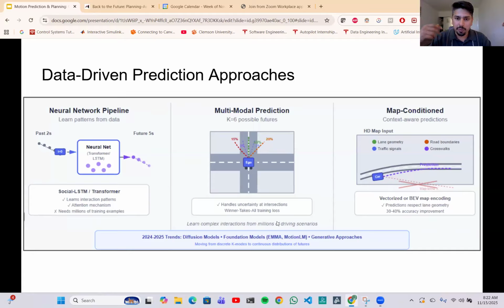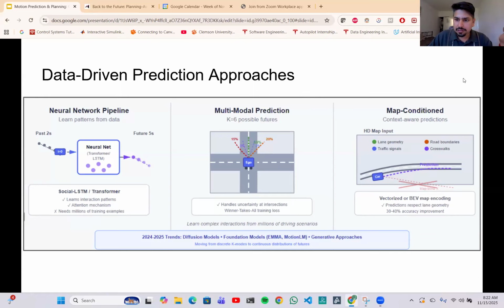These are all different modalities, different homotopies, and the multimodal prediction will give us all the information that we need. It's now up to the planner layer to decide how to deal with that multimodal information, and we will get into that later on.